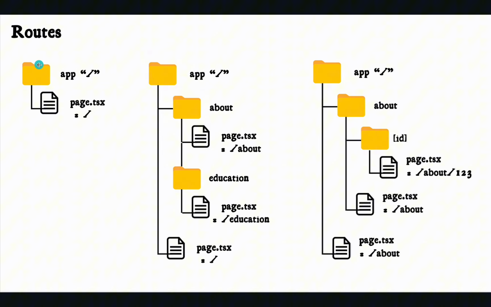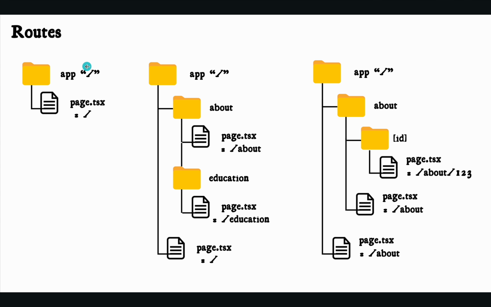This is the app folder, which is the root, right? And then there's a page.tsx, where this .tsx is just the extension. It means we're using TypeScript. And so this is going to result in the route of just slash.